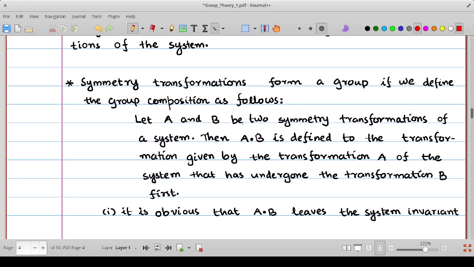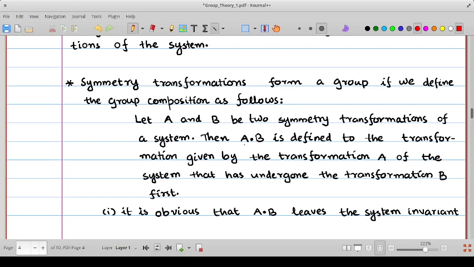To generalize it, if A and B are any two symmetry transformations, then the B transformation on the system followed by the A transformation on the result of B on the system will also leave the system invariant, and therefore is a symmetry transformation.